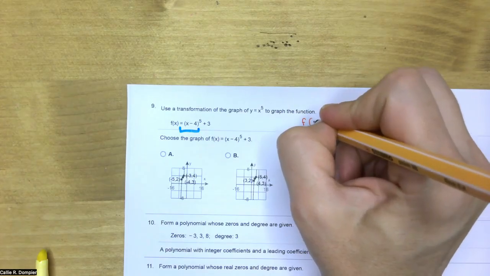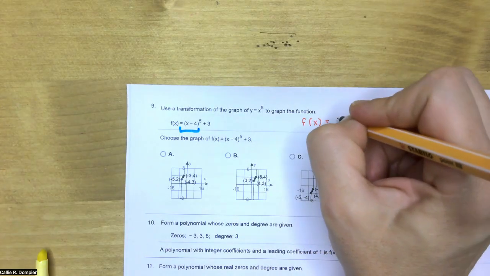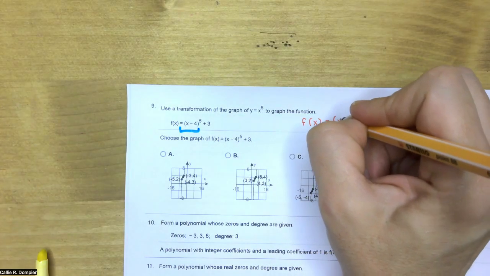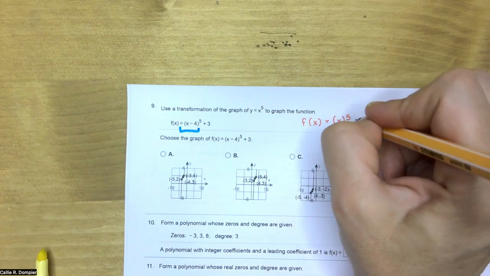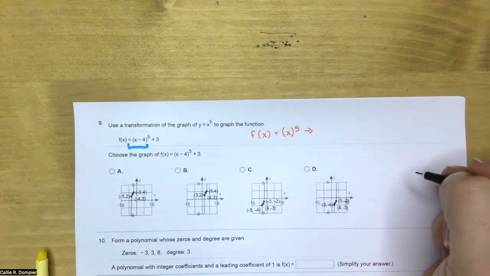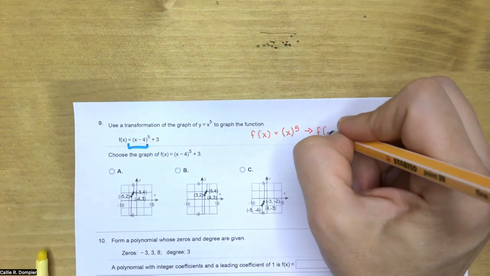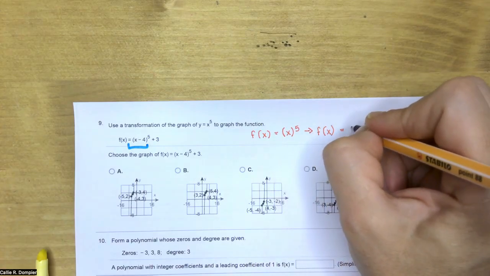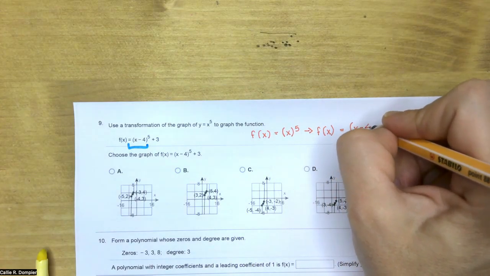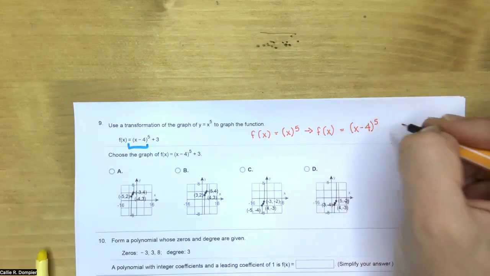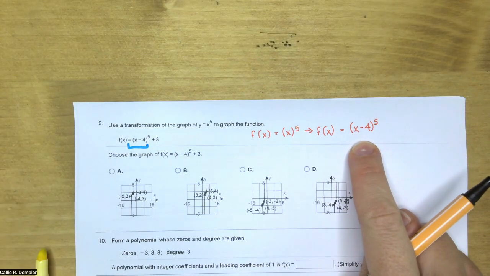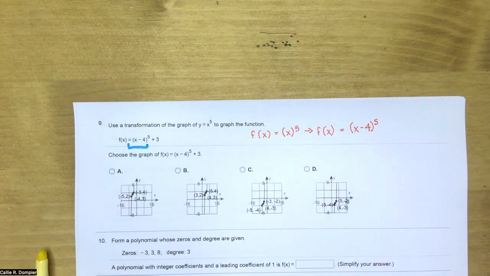F of x is equal to x to the fifth becomes or transforms into f of x equals x minus 4 to the fifth. What does that mean?